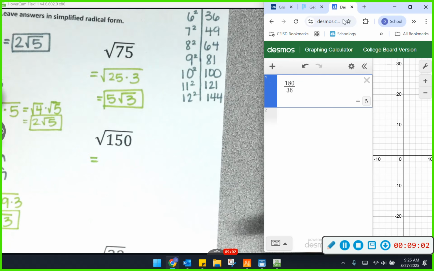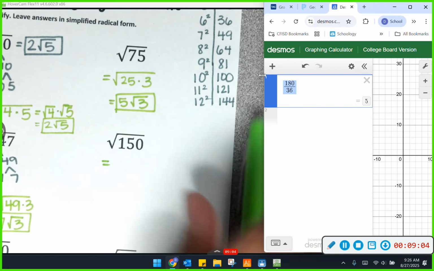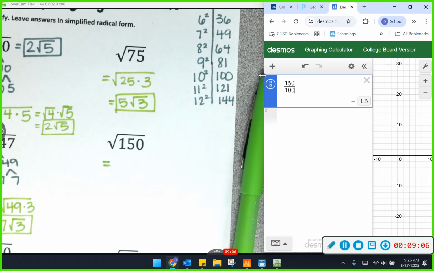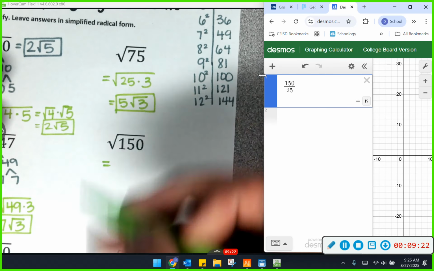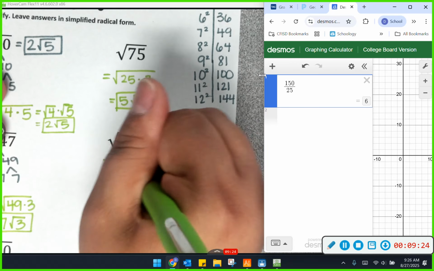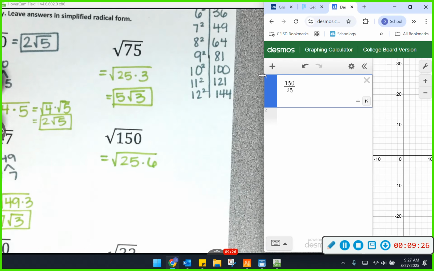What about 150? I know 150 doesn't divide by 100. 81. So I always want to go down, up, just to make sure there's nothing I can simplify more. 36, and then 25, you're right. So this is 25 times 6.